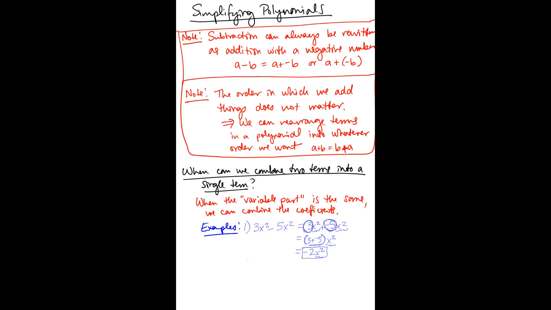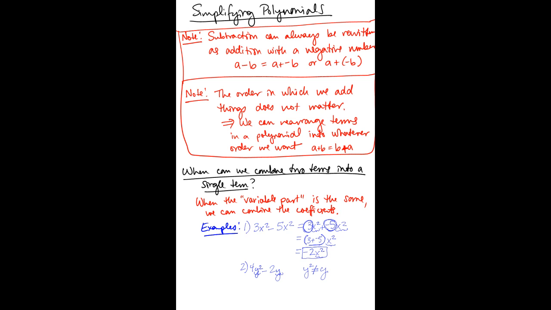Let's look at another example. 4y squared minus 2y. Here the variable part is y squared. Here the variable part is y. Y squared does not equal y. They're different. While they both have a y in them, y squared is not the same thing as y. Just like 2 squared is not the same thing as 2. 2 squared is 4.